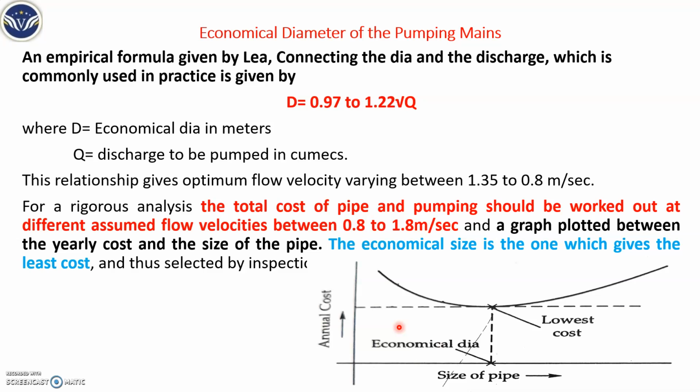Now, when you need to choose an economical diameter of the pump, there is an empirical equation given as D equals 0.97 to 1.22 under root Q. So you can choose from 0.97 to 1.22 root Q. The relationship of optimum velocity here is that you need to consider an optimum velocity which lies between 0.8 and 1.8 meter per second.